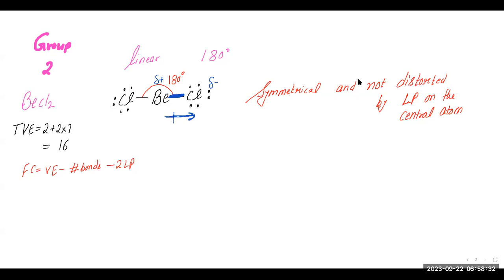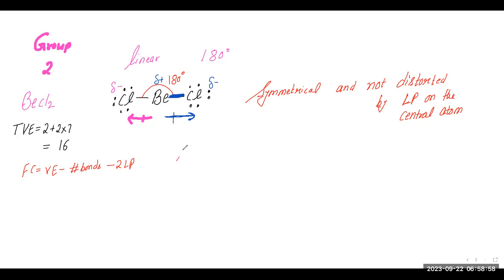Exactly the same dipole is there in the other direction because this is also chlorine and is exactly opposite direction, right? These two dipoles are pointing in opposite direction with equal magnitudes because atoms are identical. There is no distortion on the beryllium due to lone pairs. There is no lone pair.